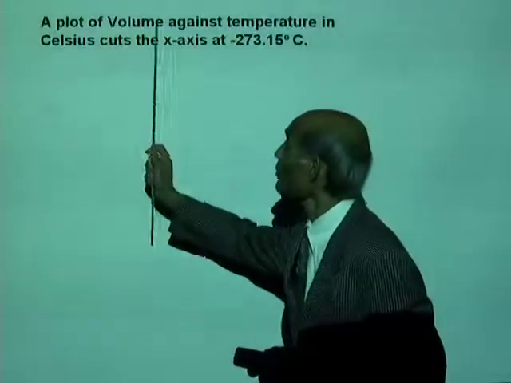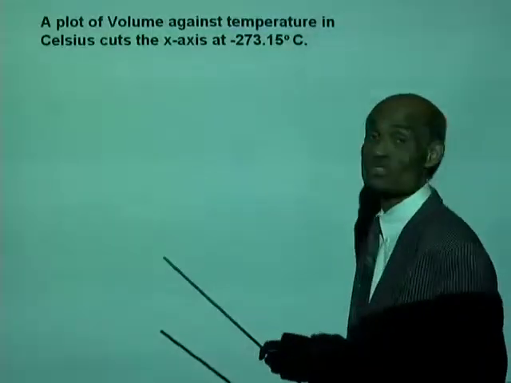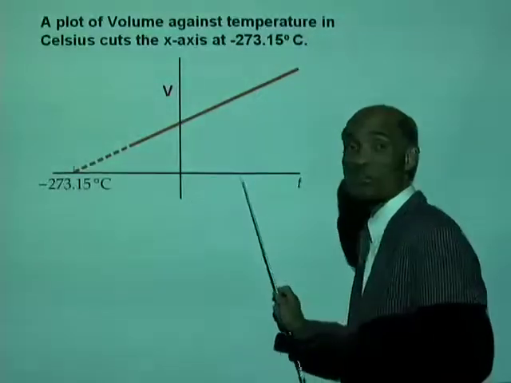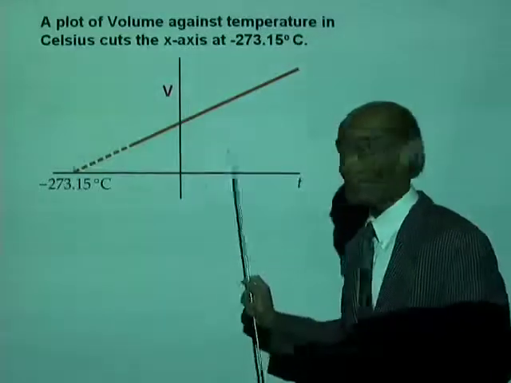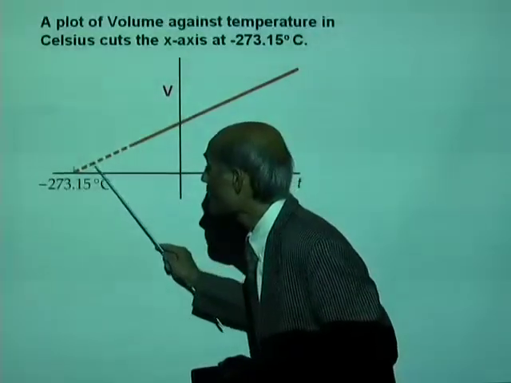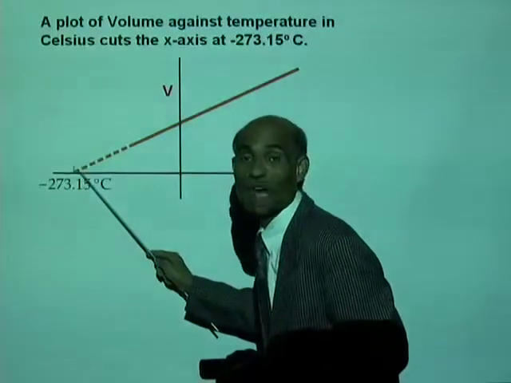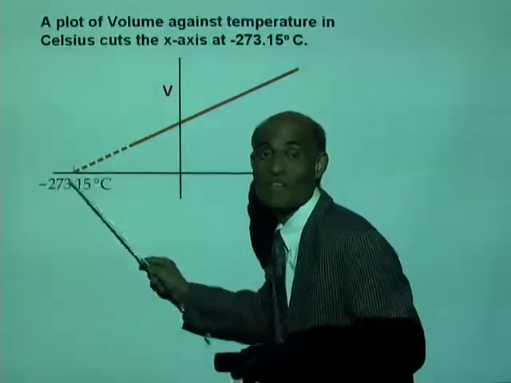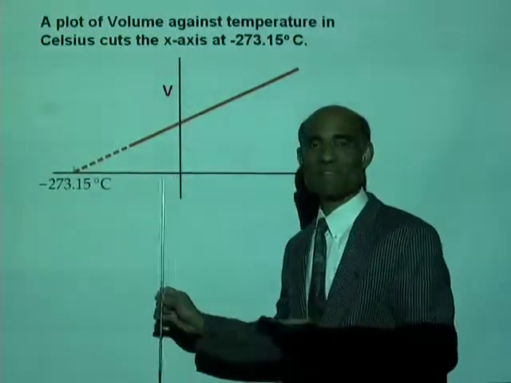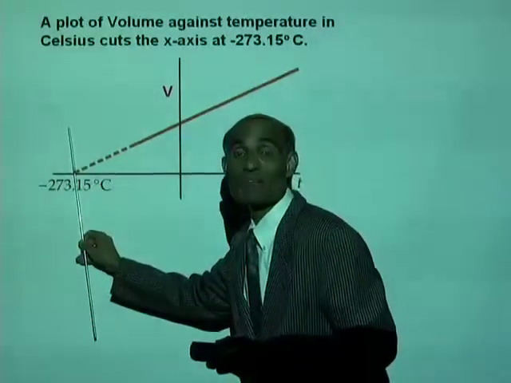Well, a plot of volume against temperature in Celsius will be like this. In the same way, if you produce this graph backward, that graph will cut the temperature axis at negative 273.15 degrees Celsius. Now, that is 0 Kelvin.